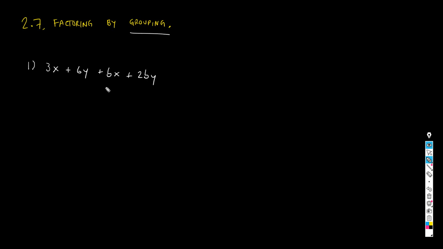If you notice, first of all, this doesn't look like anything we know how to factorize. This doesn't look like a difference of squares or a perfect square trinomial or a sum or difference of cubes. We look at it and go, I have no idea what to do, and that's understandable. So what we can do though is the following.